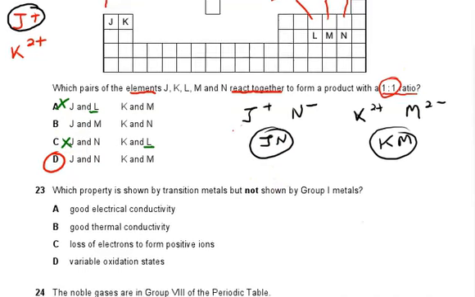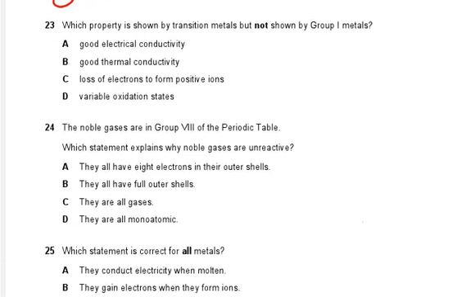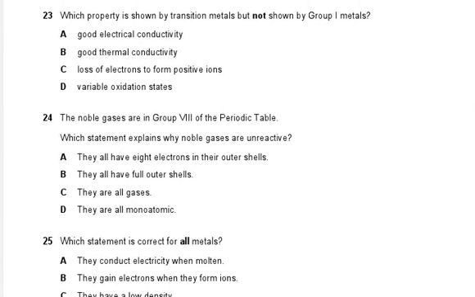Okay, now let us look at 23. Which property is shown by transition metals but not shown by group 1 metals? Because both are metals, right?